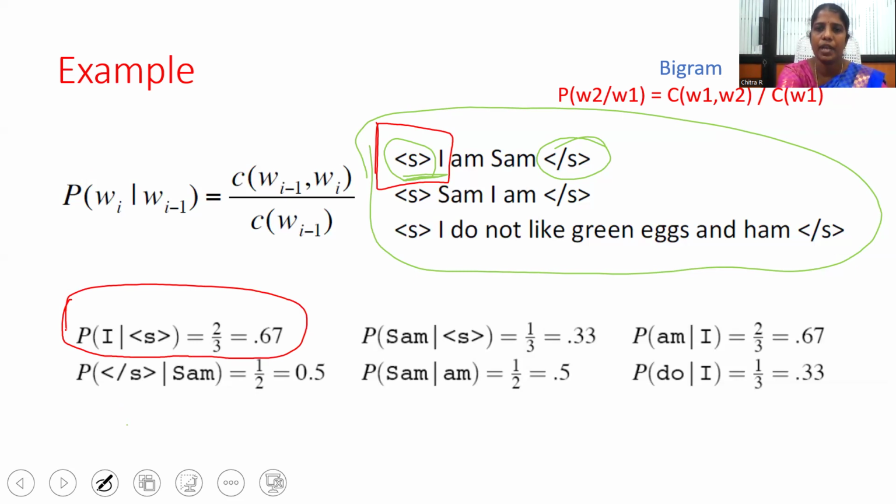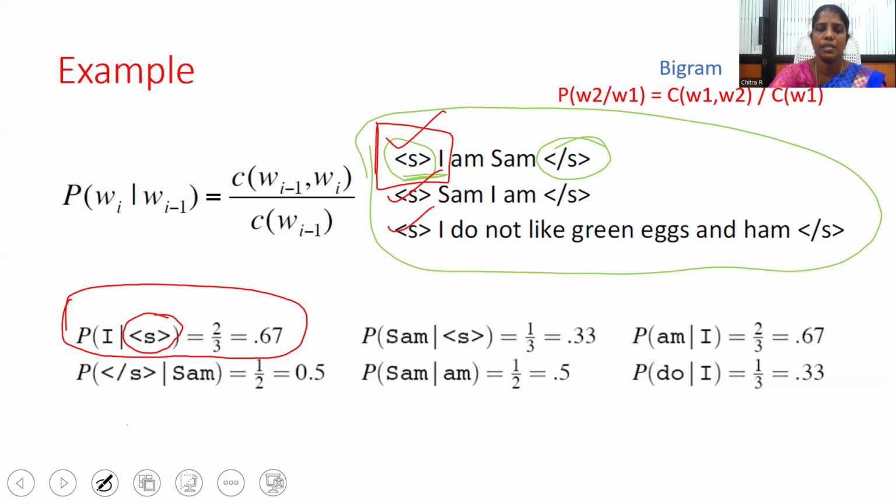Count means the number of times the particular token is available. Here this token is the starting symbol. So in the entire corpus, we check how many times S is available, meaning the starting symbol. 1, 2, 3. Three times the starting symbol is available.